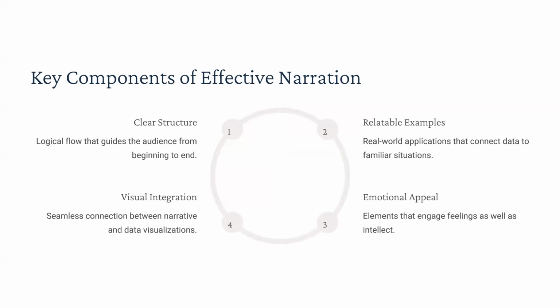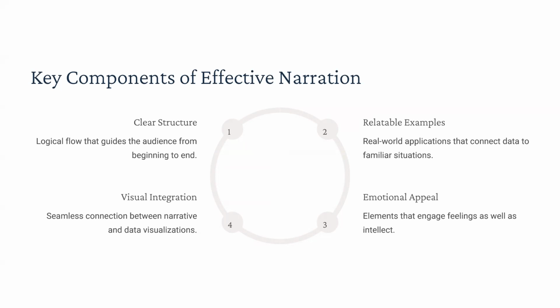The effective narration is very wonderful if we try to follow those key components. Number one, the structure. It should be clear, setting the stage, raising the insights, reaching the aha moment. It should be with a linear structure that can help the audience to follow our story.